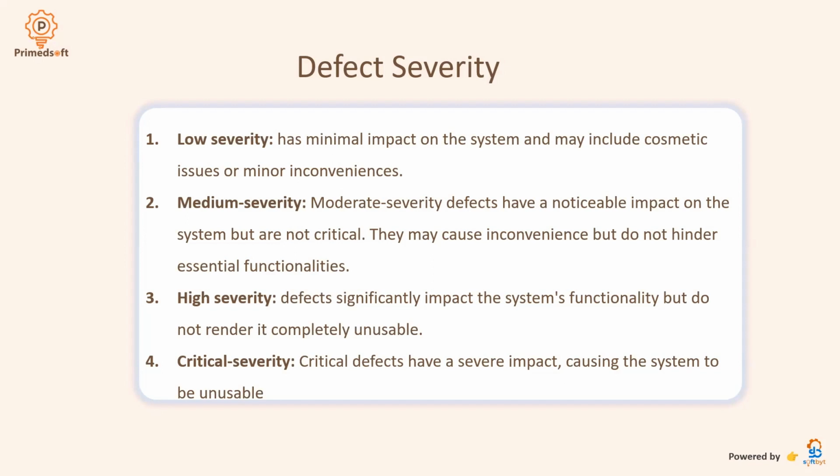When you go to high severity, like high priority, the defects significantly impact the system functionality but do not render it completely unusable. So obviously the users can still use that particular software, but it could be very slow. You might not be able to access some of the pages.